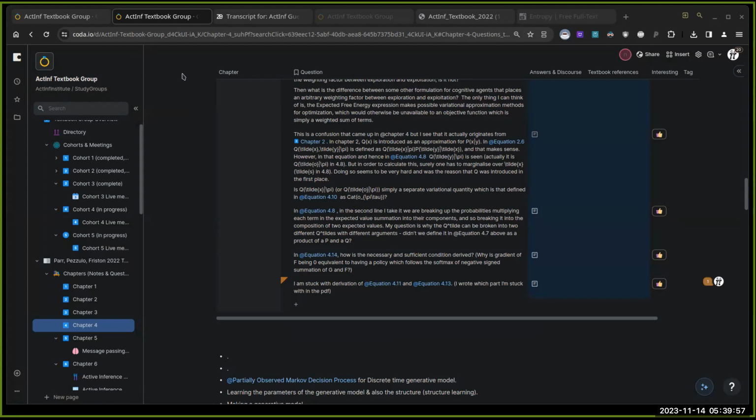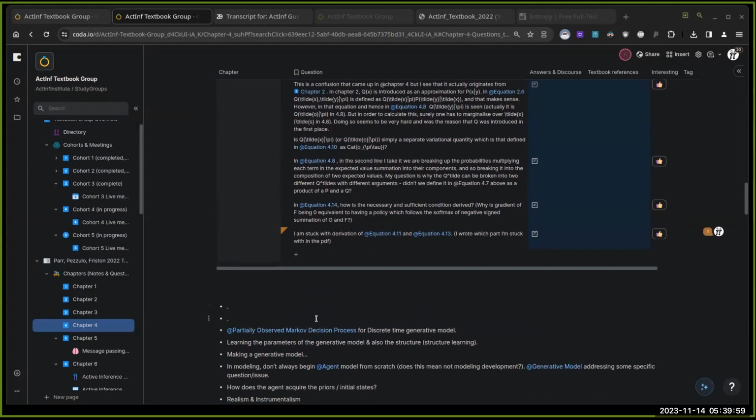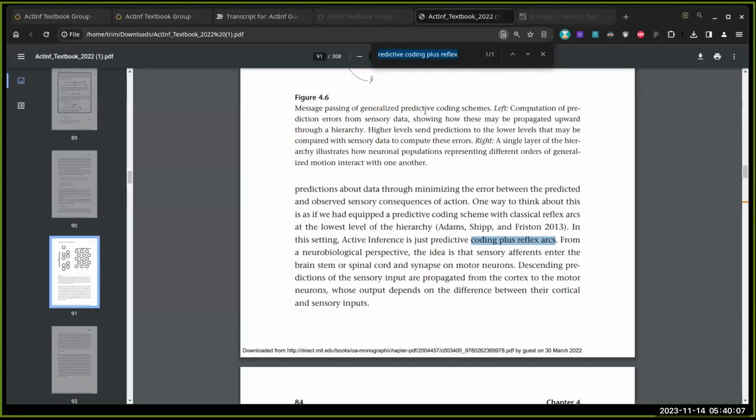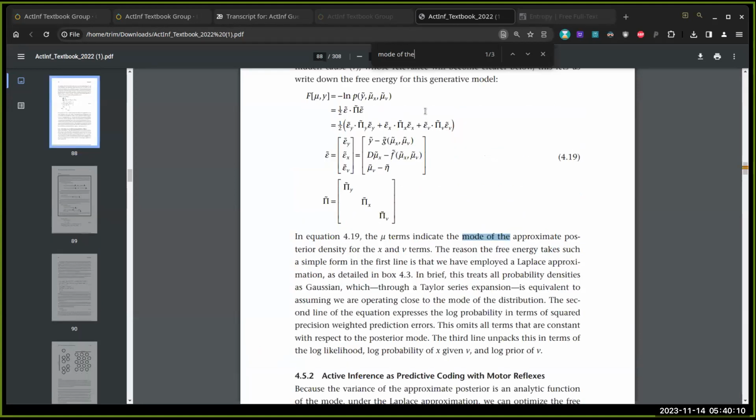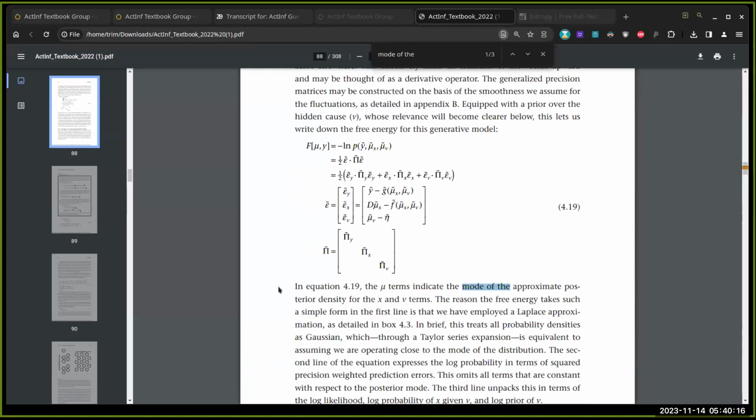It's talking about how, here we go, the motion of the mode should be the mode of the motion. This is in explaining the simplifications that allow the continuous derivation. If you search the motion of the mode should be the mode of the motion.